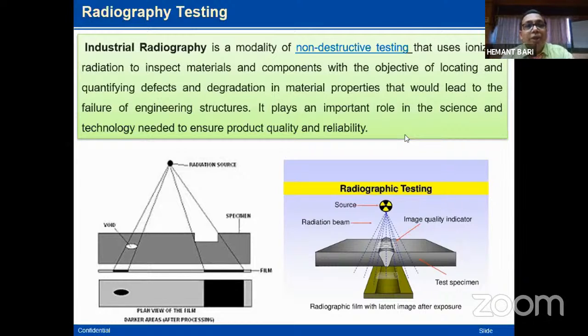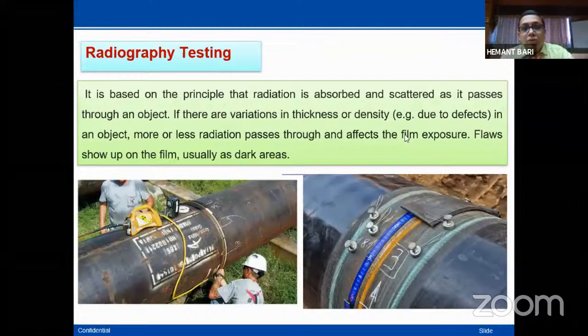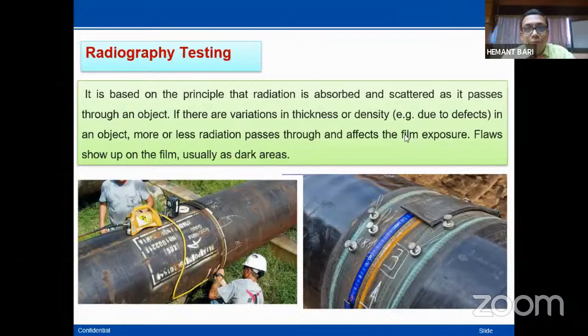Okay, there is huge welding done inside the boiler, and to ensure the healthiness and quality of work, the radiography testing is done. It is based on the principle that the radiation is absorbed and scattered as it passes through the object, and on the film you can clearly see if there are any flaws or any problem.